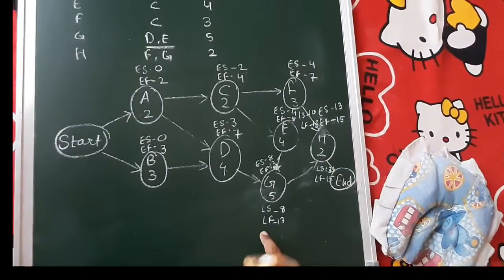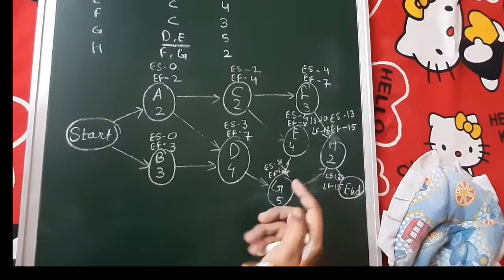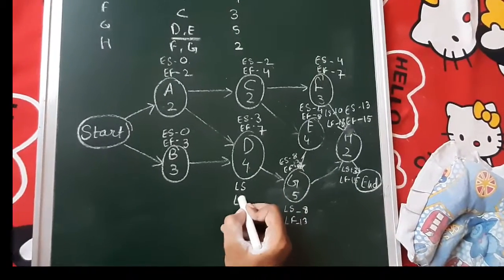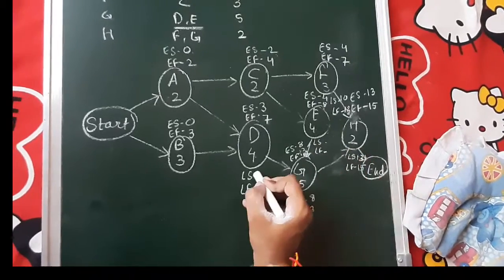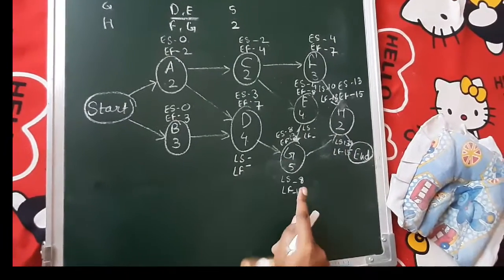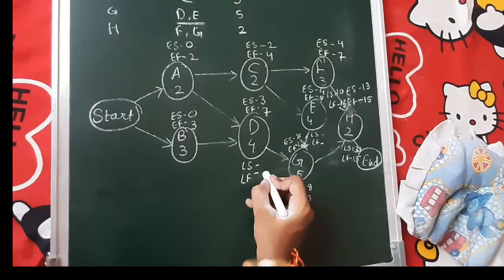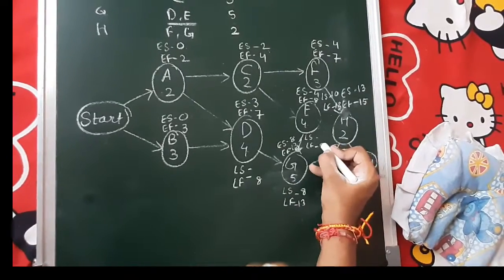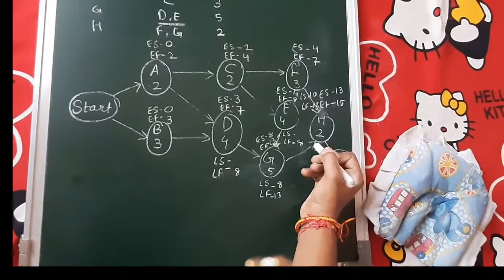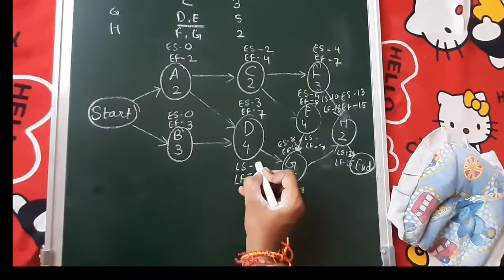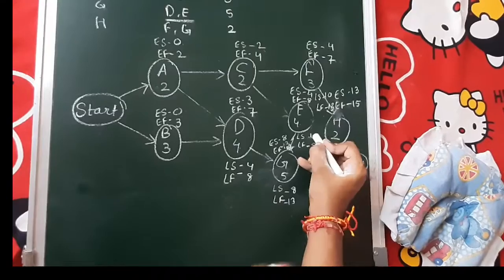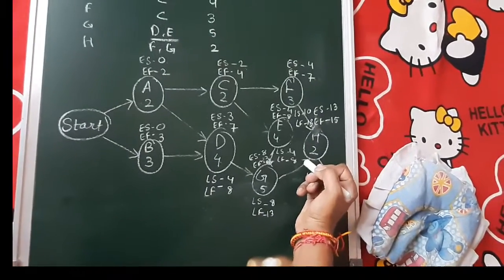Then we see we have two activities preceding G. Here late start is 8, so it becomes late finish for both. Now 8 minus 4 becomes 4, 8 minus 4 becomes 4.